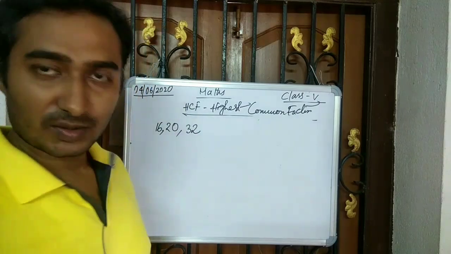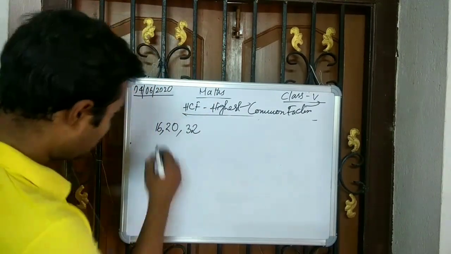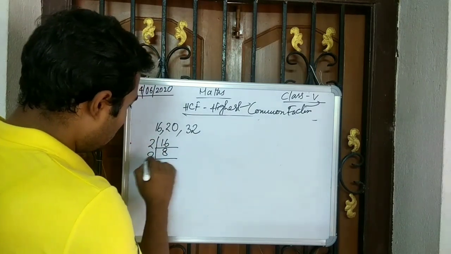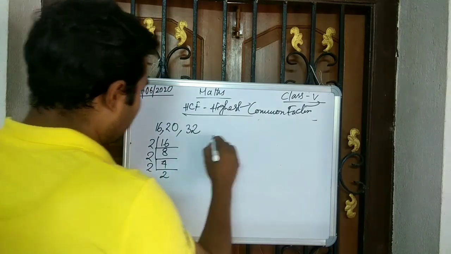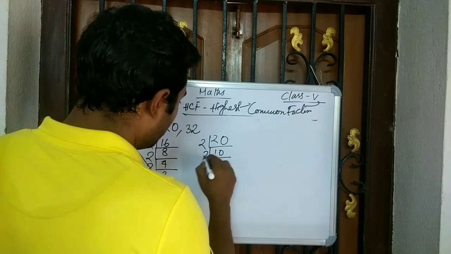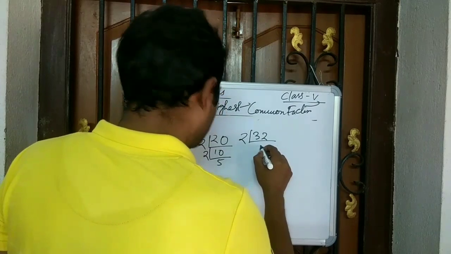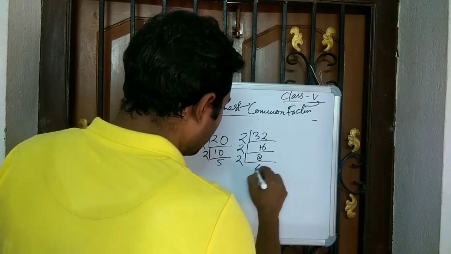You remember the prime factorization method, so we factorize each number. 16 is 2, 8, 2, 4, 2, 2. And 20 is 2, 10, 2, 5. 32 is 16, 8, 4.